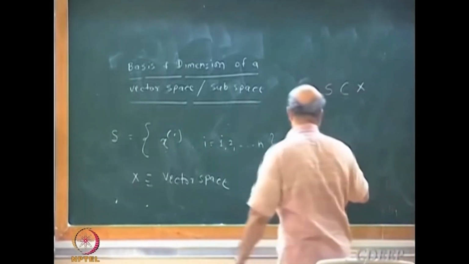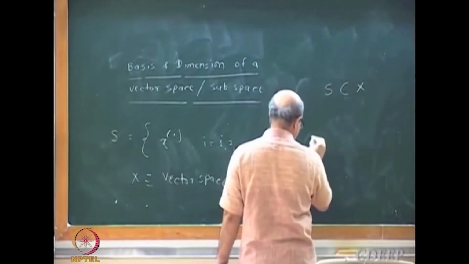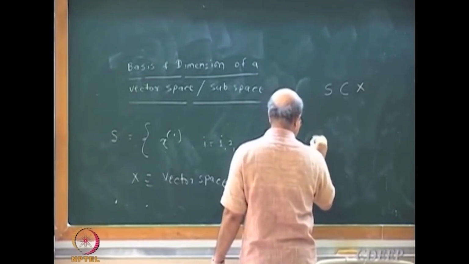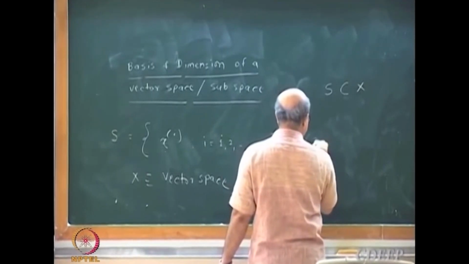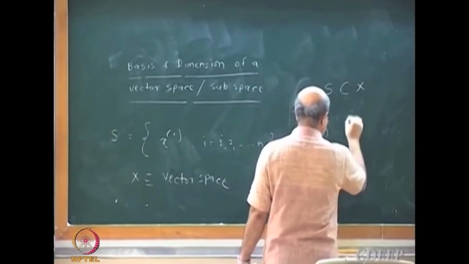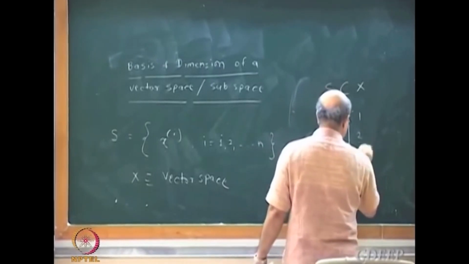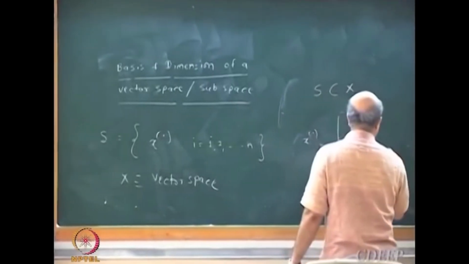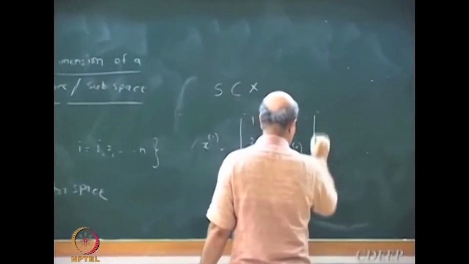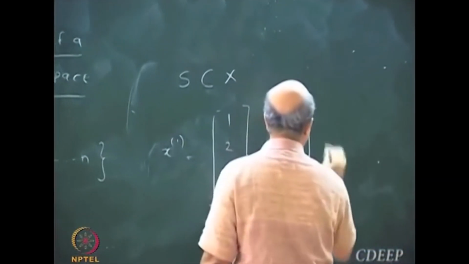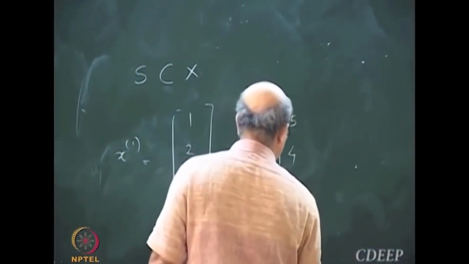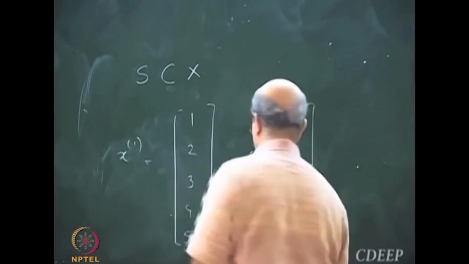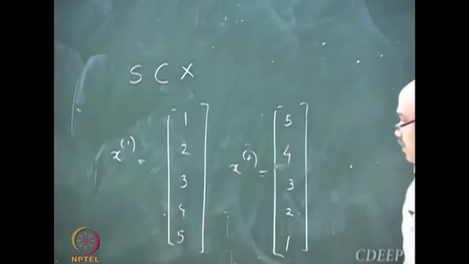One example that I gave was from R5. So I said that you have two vectors, say x1, which was 1, 2, 3, 4, 5, and x2, which is 5, 4, 3, 2, 1. I'm putting some arbitrary two vectors from R5.